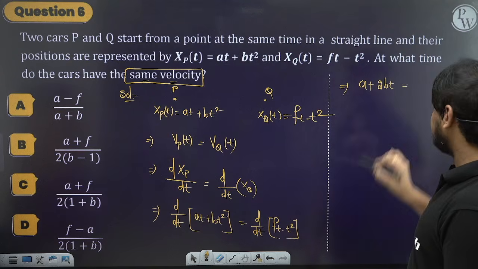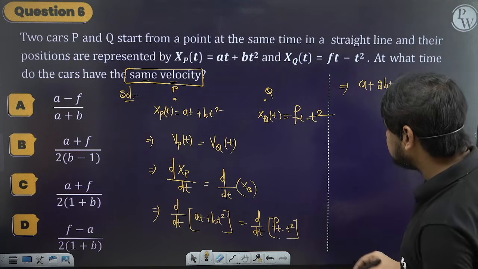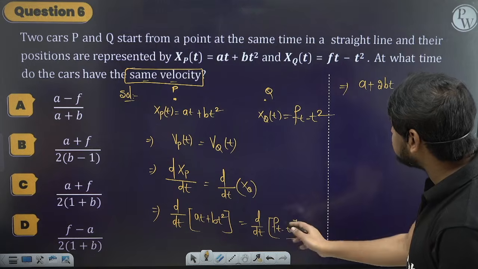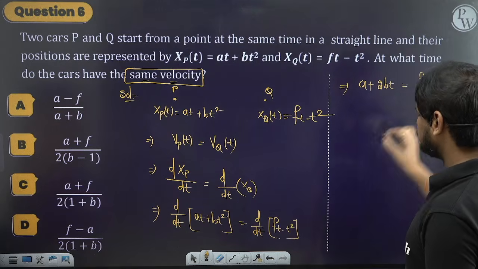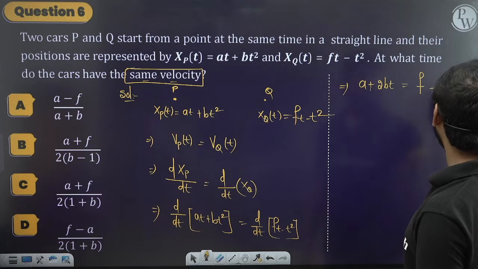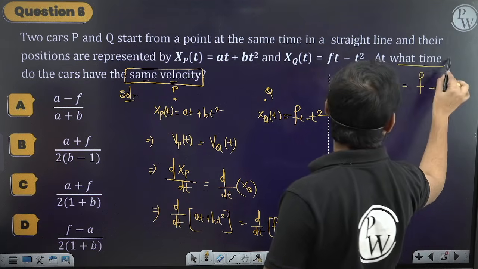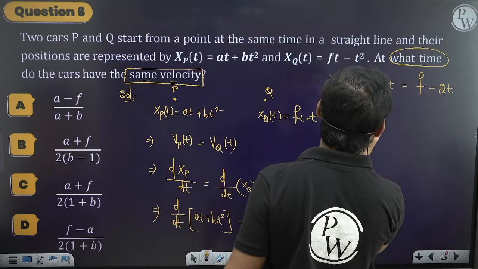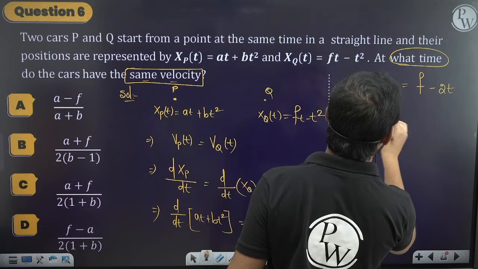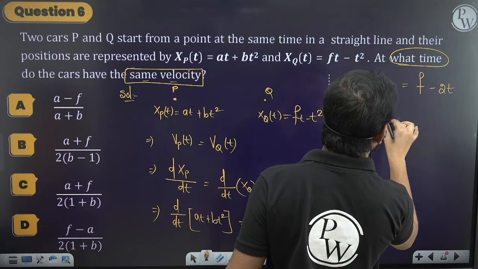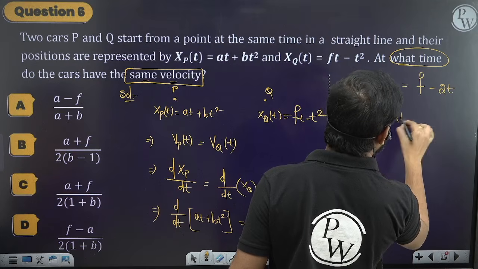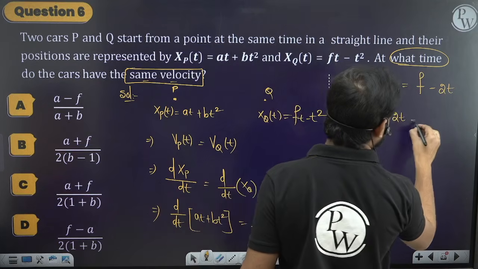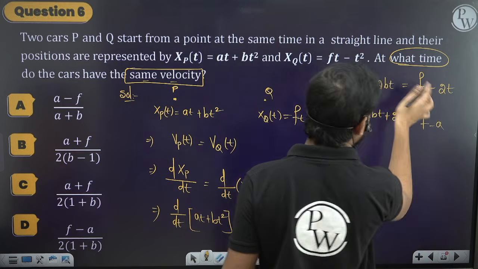Then on this side, ft minus t square: the differentiation of ft is f, minus the differentiation of t square, which is 2t. We required at what time, so we have to find t. Then bring t terms to one side, and the remaining to the other side. So I can write 2bt plus 2t on one side, and f minus a on the other, sending a to that side.